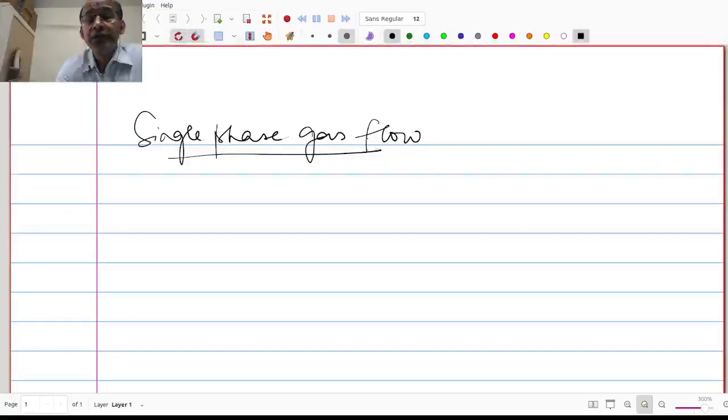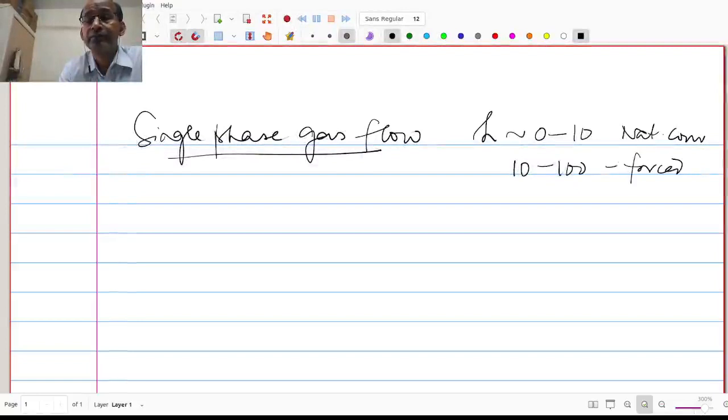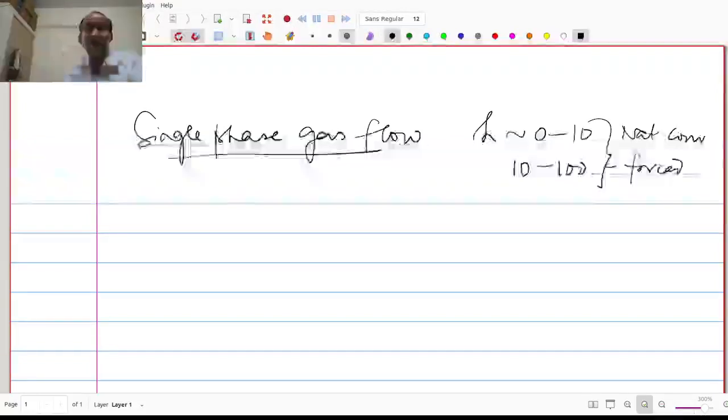So typically the h values in single phase gas flow would be in the order of 0 to 10 for natural convection and 10 to 100 at most for forced convection. This is the typical range of values that you get for single phase gas flow.